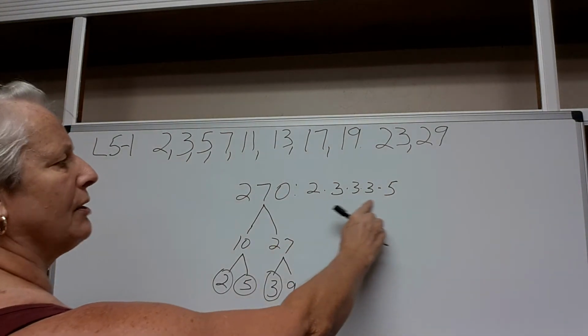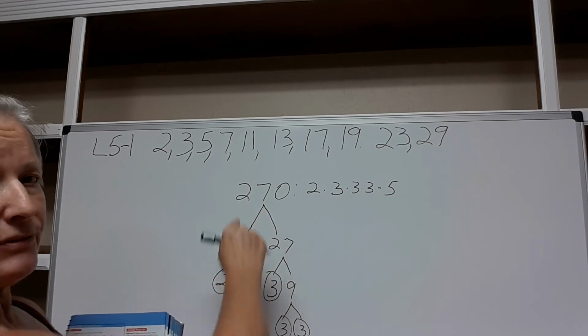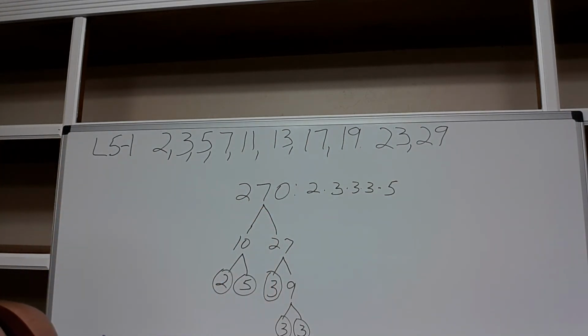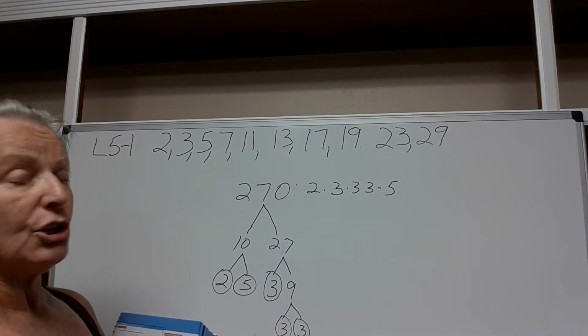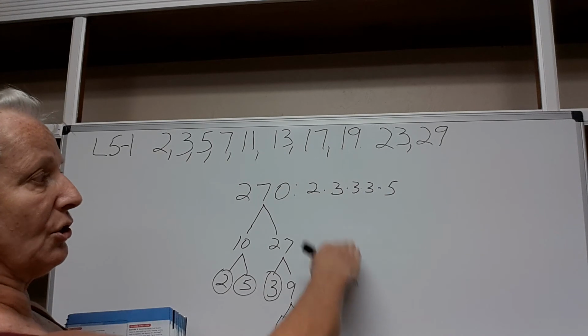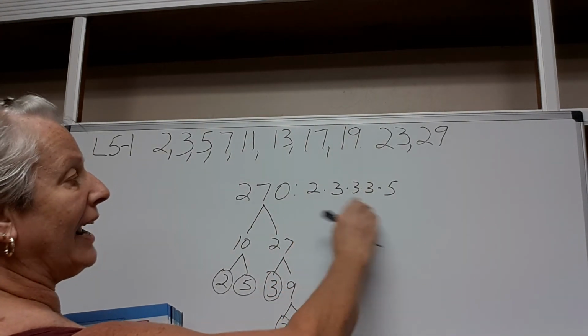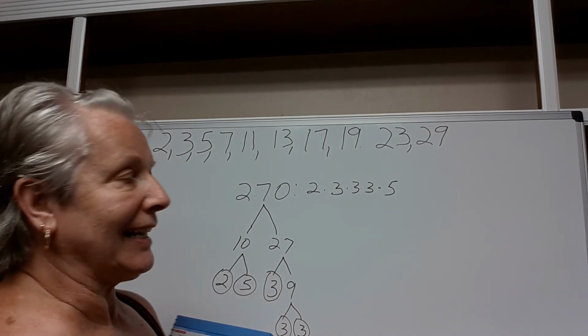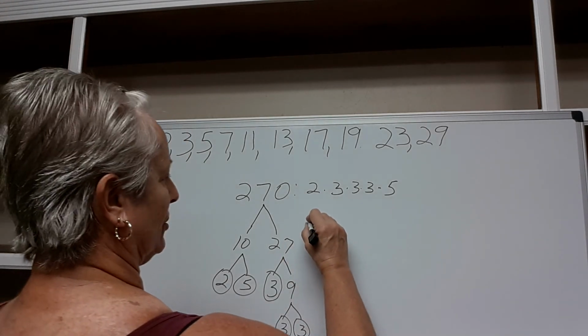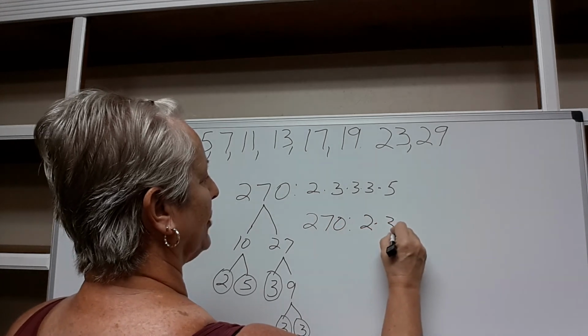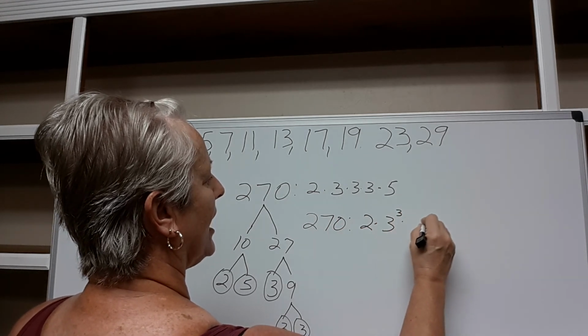Well, first of all, to multiply it back to make sure you have that correct number. And when we start doing least common multiple and greatest common factor, you're going to need comparisons. So you need to learn to put them in least to greatest, and you need to do it neatly. So our final answer for 270 is 2 times 3 to the 3rd times 5.